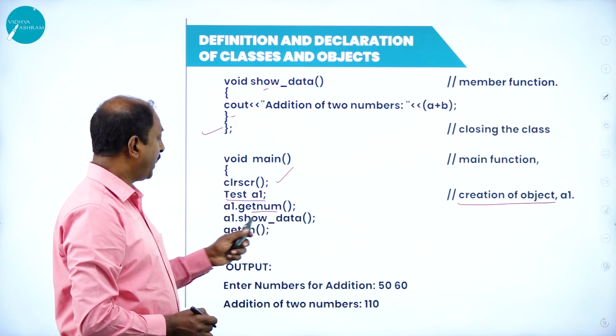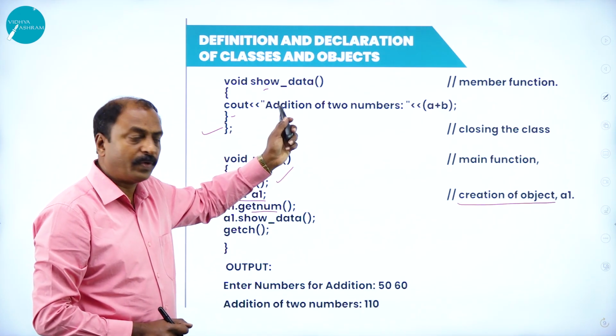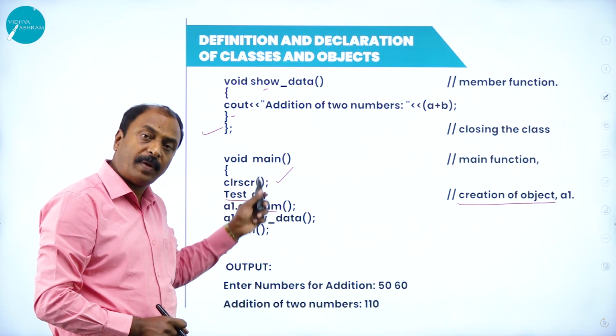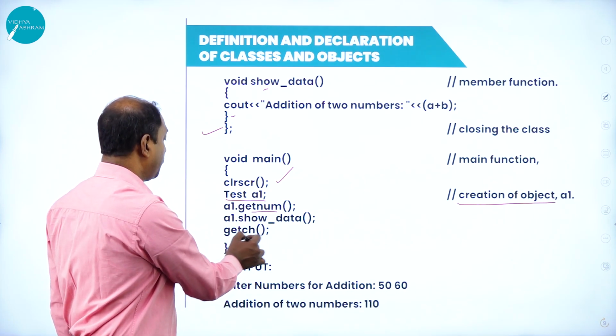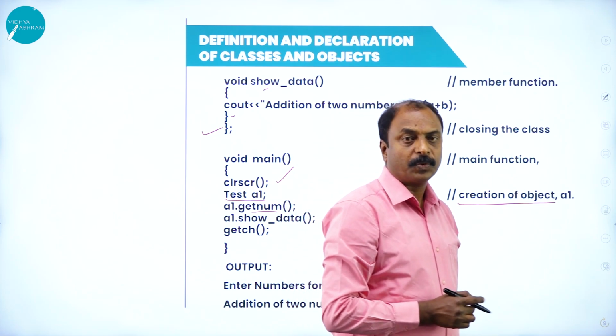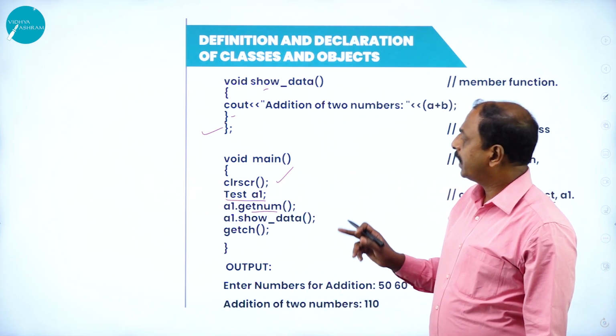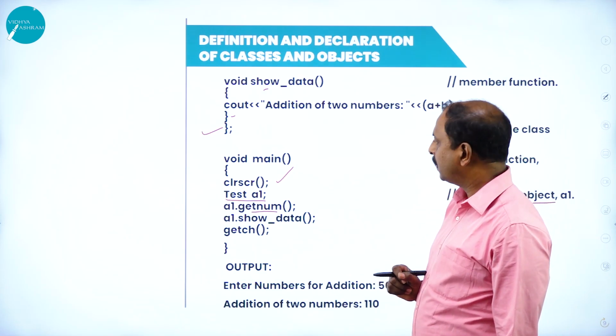Then A1 dot show data, we are calling this function inside the main function. After this, we close void main with getch and close the curly bracket. So this is a simple program to show how to declare a class and how to work with an object of that particular class.